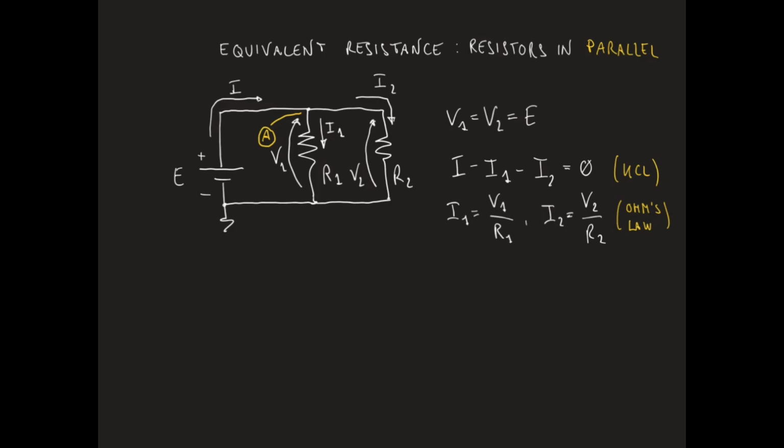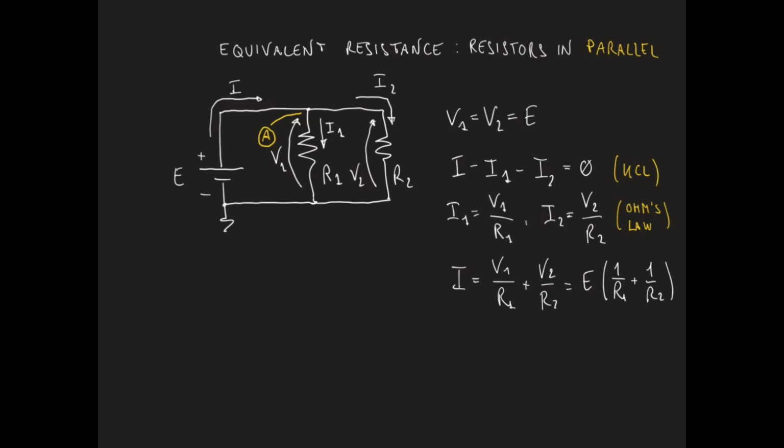If we replace I1 and I2 in the KCL equation with their expression as a function of V1 and V2, we get I equal to V1 over R1 plus V2 over R2, or given the fact that V1 and V2 are both equal to E, E times (1 over R1 plus 1 over R2).